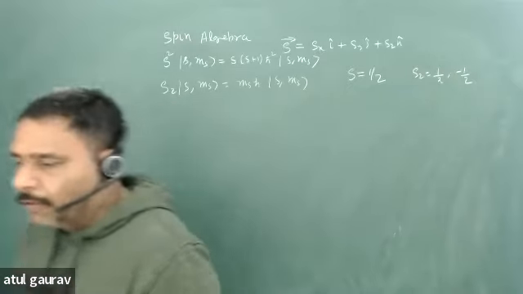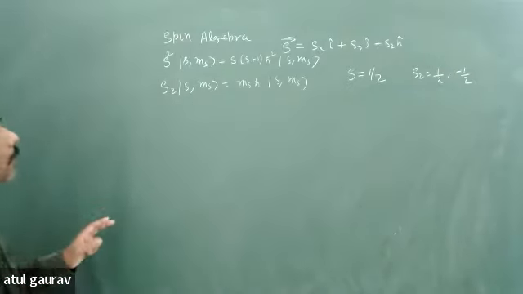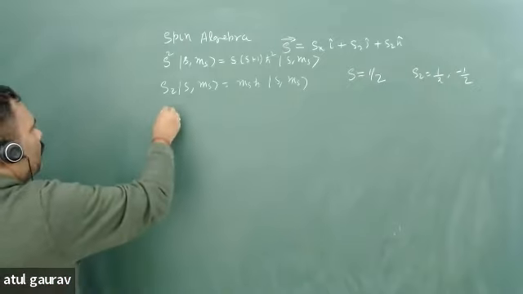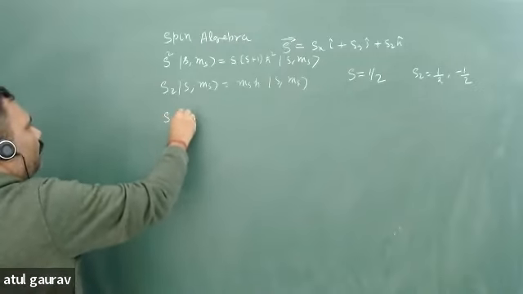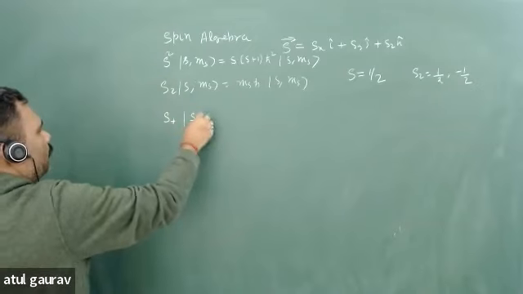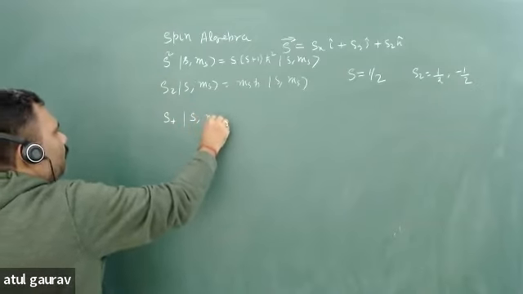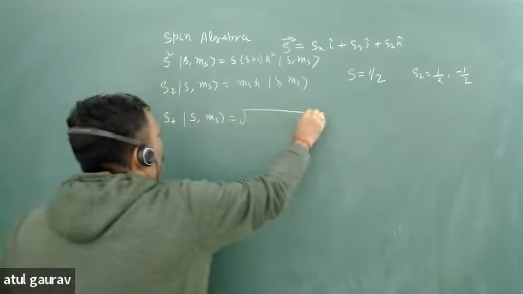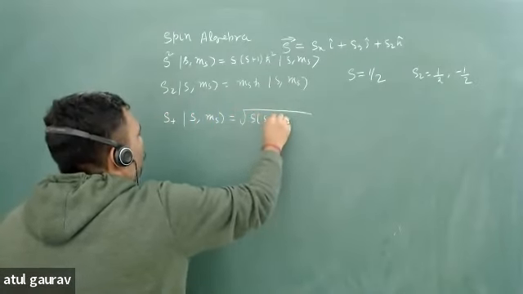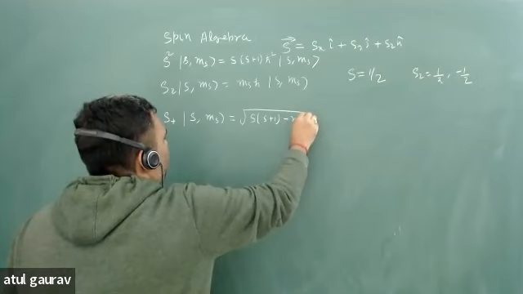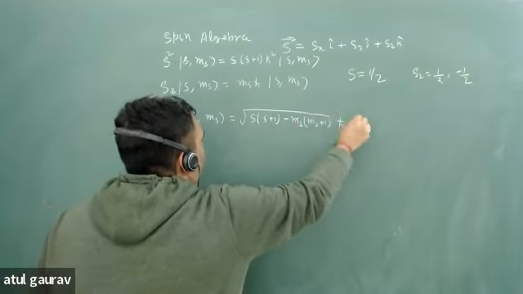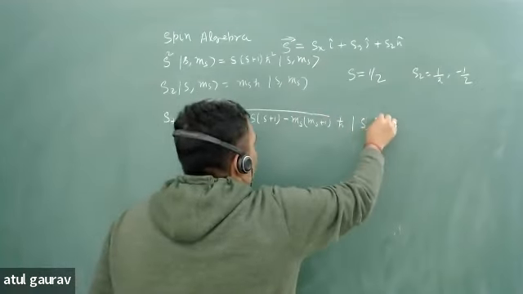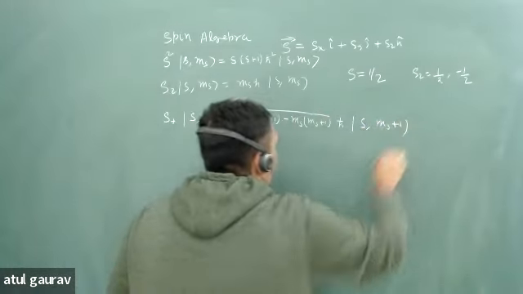And this will just follow all the algebra, whatever the orbital angular momentum is going to follow. That means we can have the S plus operator, and the S plus operator will operate on S and MS: root of S plus 1 minus MS plus 1, ħ, and you have S, MS plus 1.